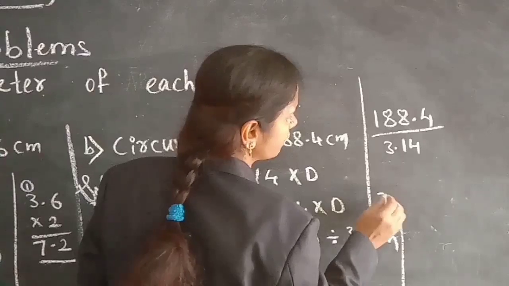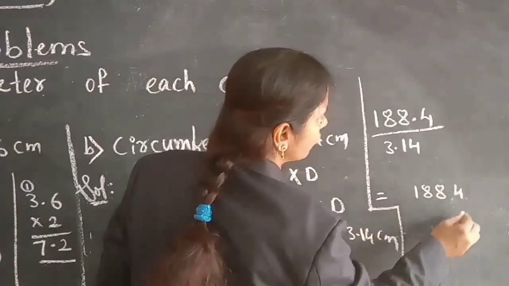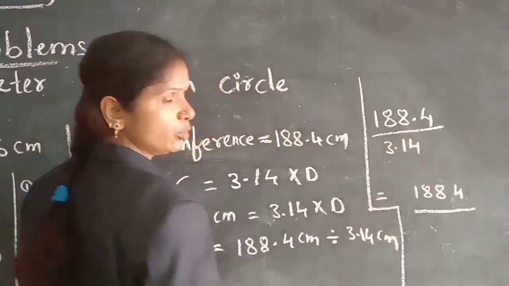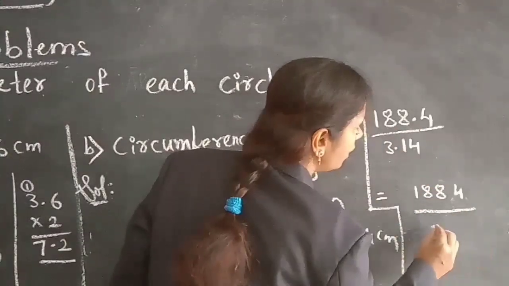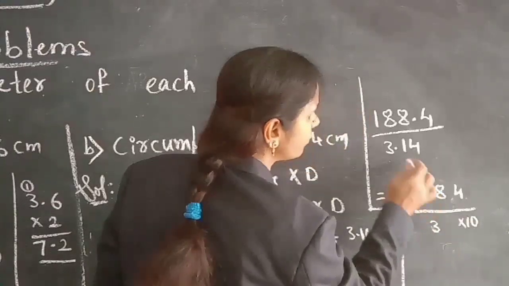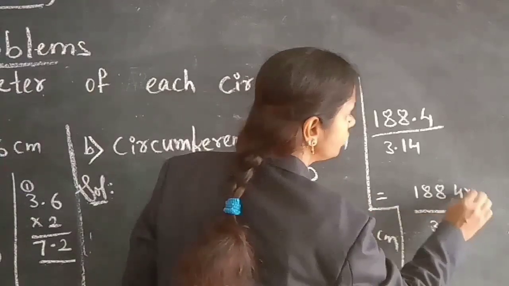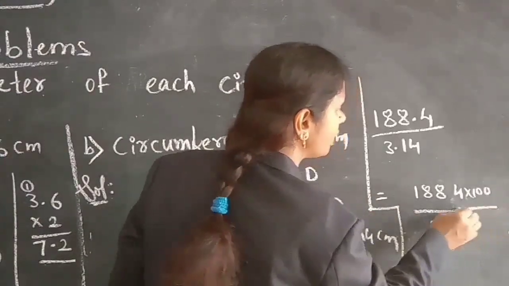Here you see, I am removing the point from the numerator, so you can take 10 in the denominator. I am removing the point from the denominator, so 2 digits before the point, nothing but here you need to multiply the numerator by 100.